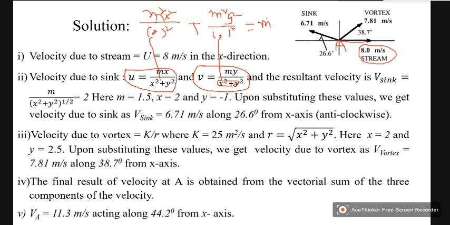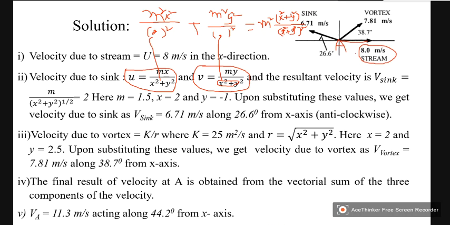m square outside, and here you will get x square plus y square divided by x square plus y square whole square.